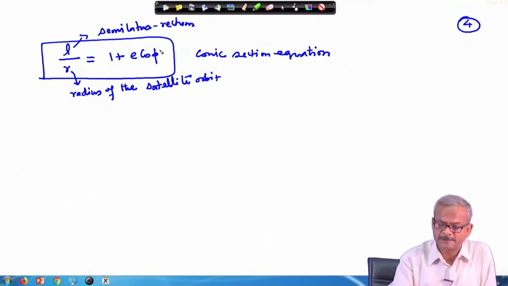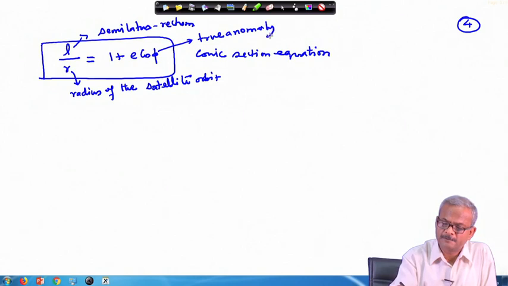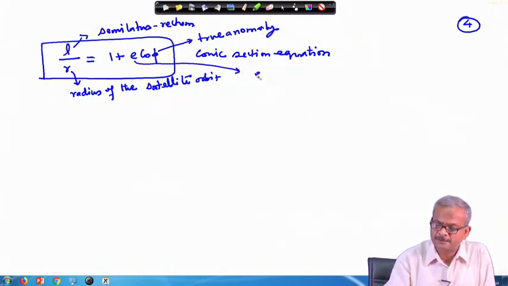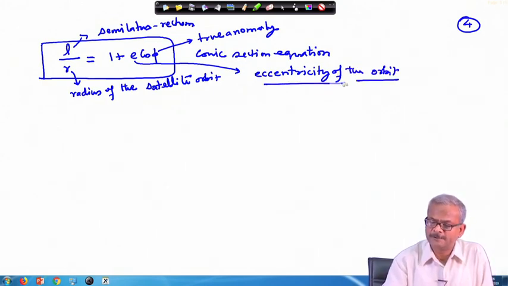Instead of using theta notation I will be using here phi. So, this is called the true anomaly, and this E, it is the eccentricity of the orbit.